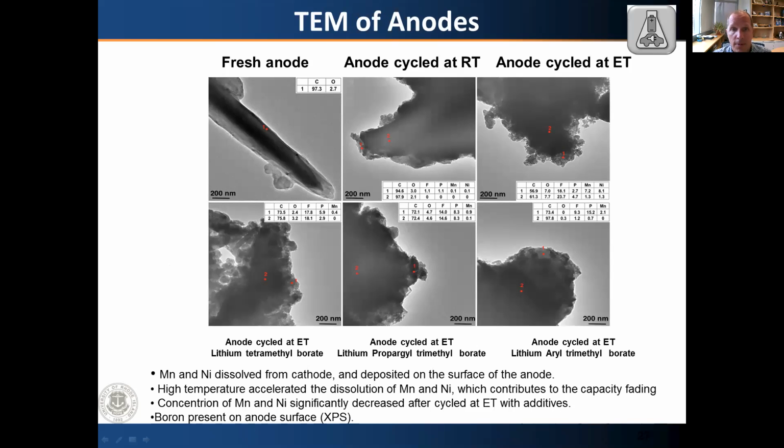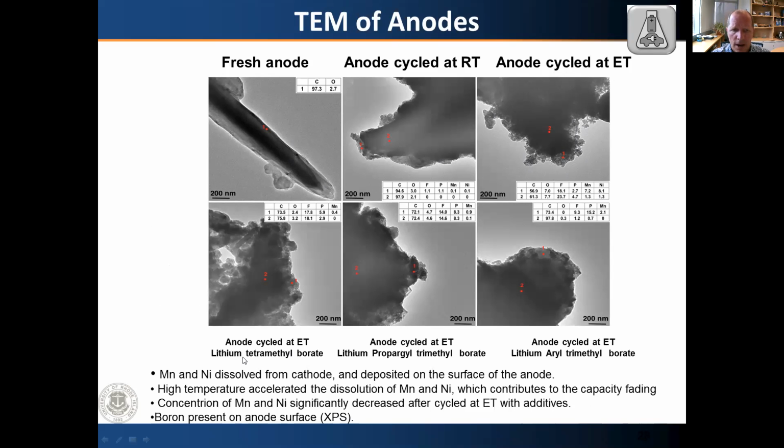Now on the anode side, we see similar results to what we observed with LiBOB. With the fresh anode, we see nice, crisp, clean graphite. In the presence of the standard electrolyte formulation cycled at room temperature, we see SEI formation, but for the anode cycled at elevated temperature, we see both SEI generation and a lot of SEI damage, a very thick SEI with, once again, very high concentrations of manganese and nickel.